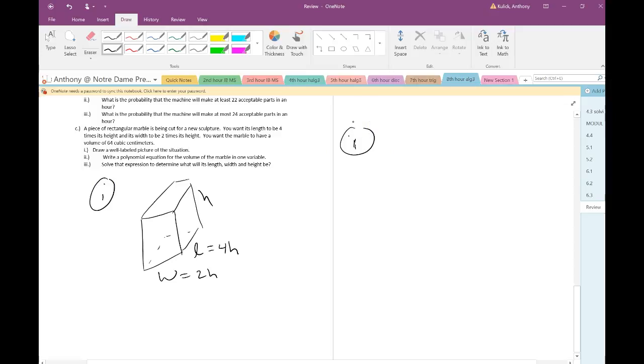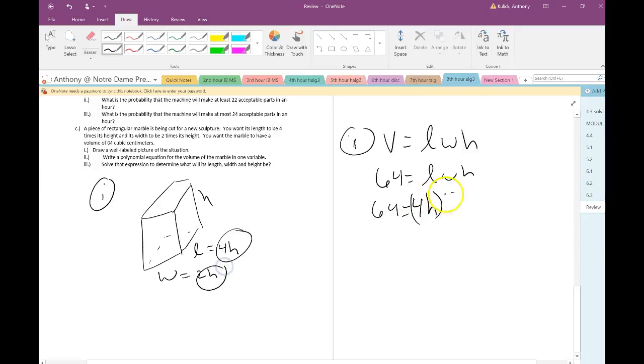Part 2 says write a polynomial for this. Well, we know volume for a rectangular solid is length times width times height. So I know 64 is equal to length times width times height. But to solve this, I need it in terms of one variable. So I know length I can write in terms of height. Width I can write in terms of height. And height is already in terms of height. So I can just say 64 is equal to 8h cubed.